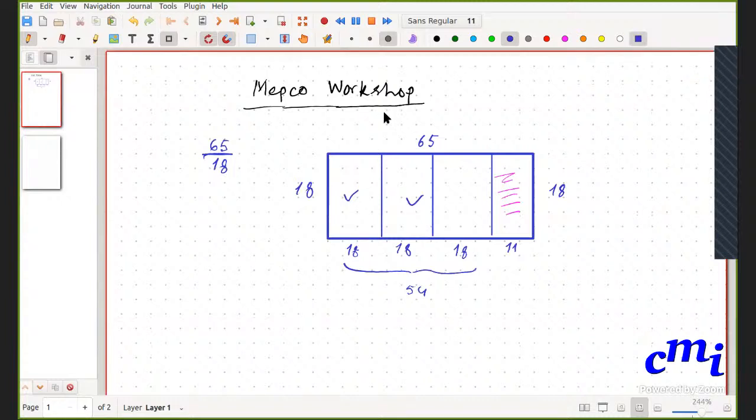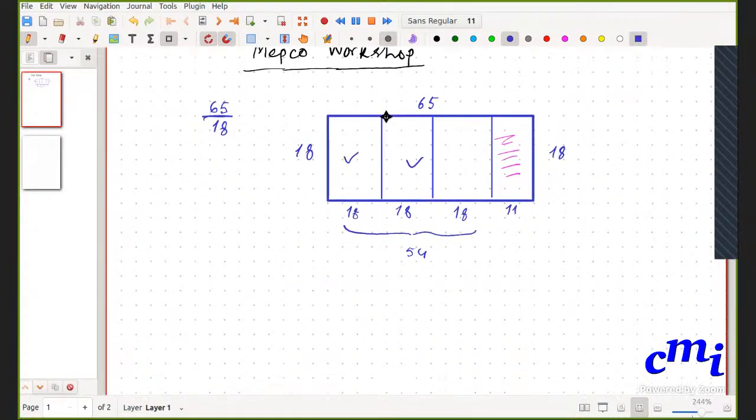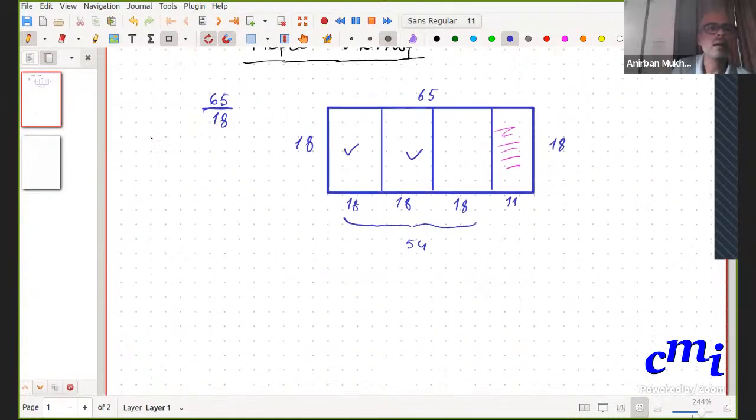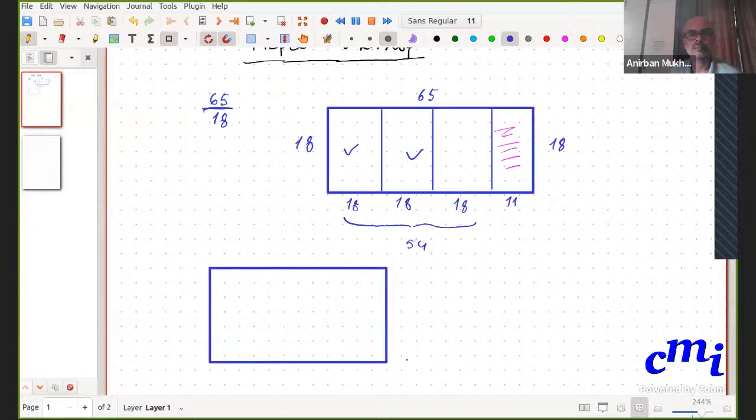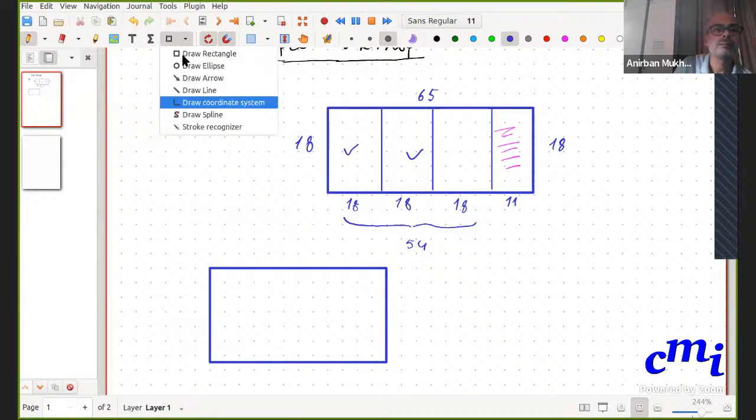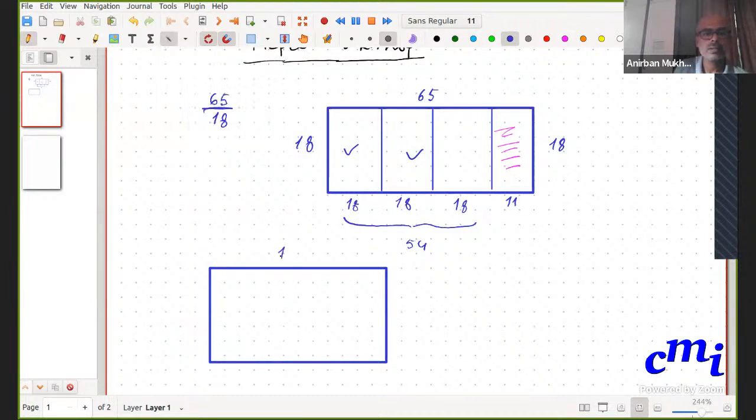So yeah, I wanted to be on the same page because the numbers are good. So let me draw the leftover rectangle. 11 cross 18 should be not so bad. Something like this. So this is now 18 and this is 11.